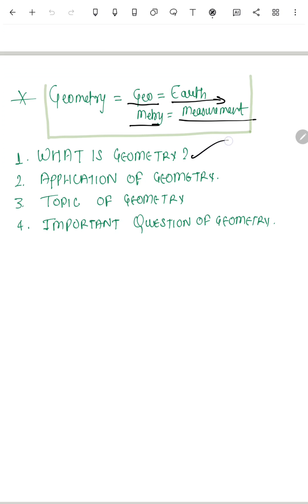So our first question is, what is geometry and why should we study geometry. Applications of geometry are in the construction field, in making charts, in making maps, and everywhere geometry is very relevant.